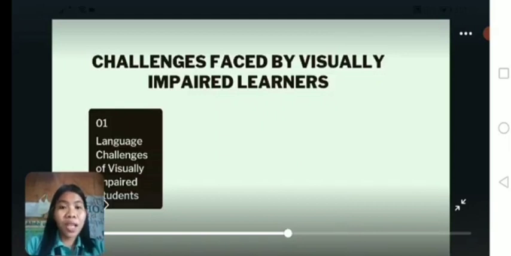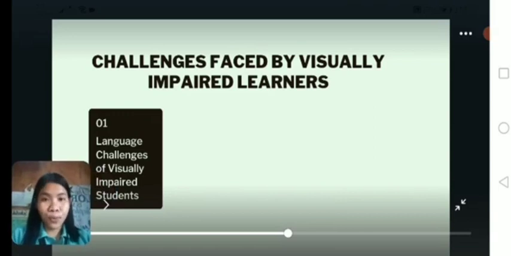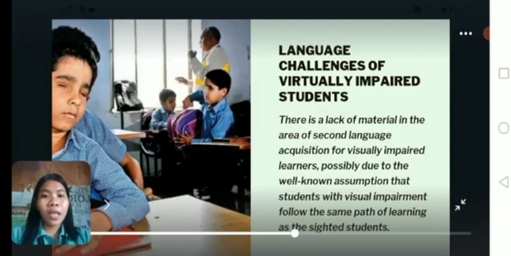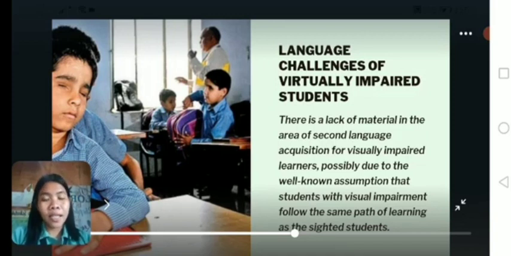So the first challenge is the language challenge of visually impaired students. According to what I have searched on the internet, there is a lack of material in the area of second language acquisition for visually impaired learners, possibly due to the well-known assumption that students with visual impairment follow the same path of learning as sighted students.